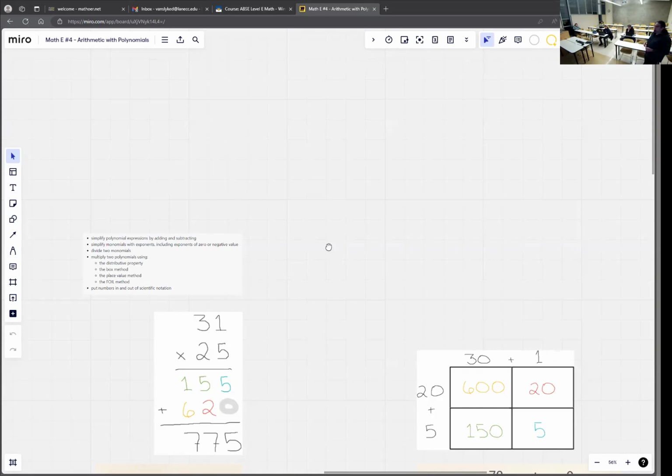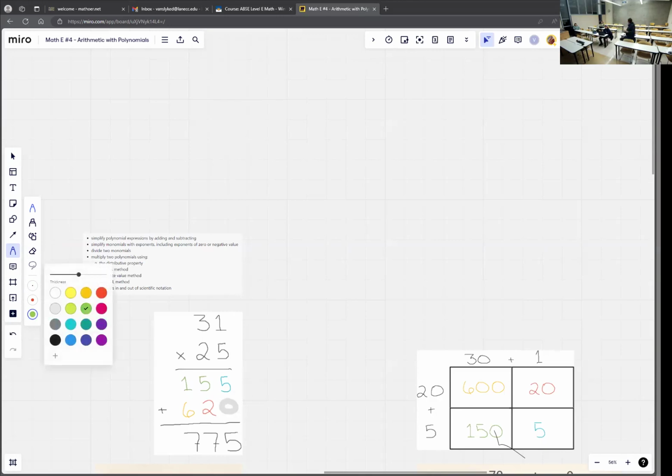just written two different ways. So if you are an old fogey who rides dinosaurs like me, you were taught to multiply like the style on the left. I would start with 5 times 1 is 5.